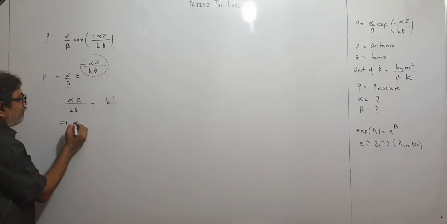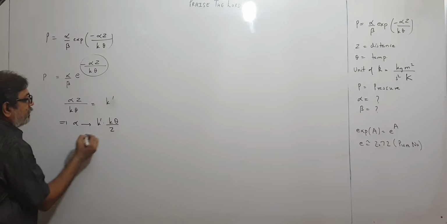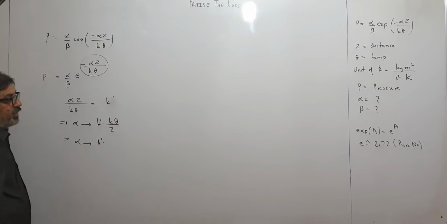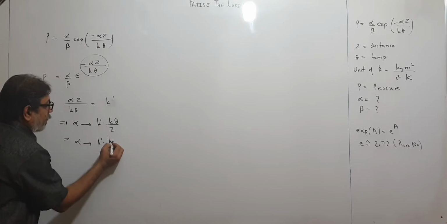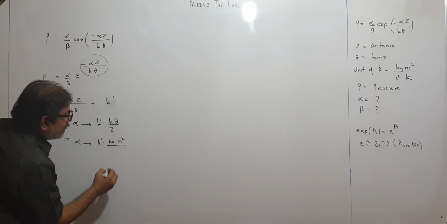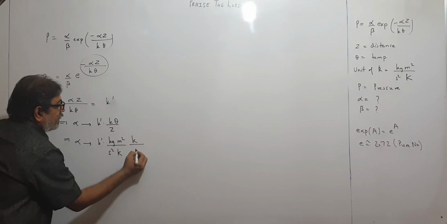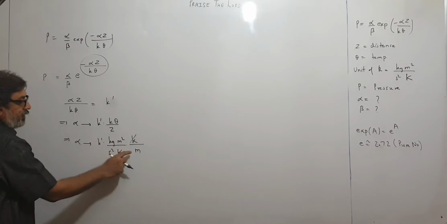So this implies alpha will be k dash k theta upon z. So the unit of alpha: k dash has no unit. K has units, kg meter square upon second square Kelvin. Theta means Kelvin and z means meter, distance. This Kelvin gets cut, 1 meter gone.